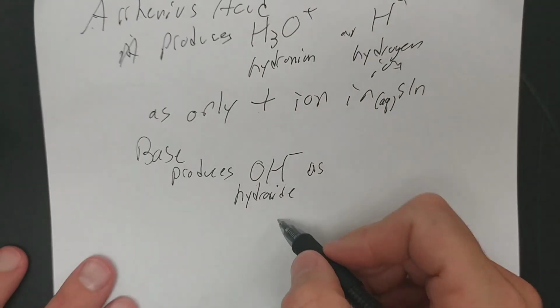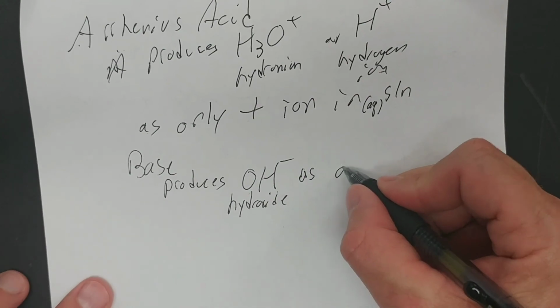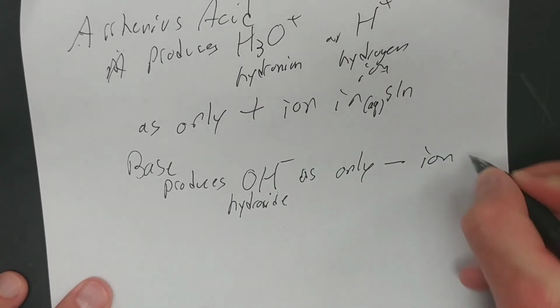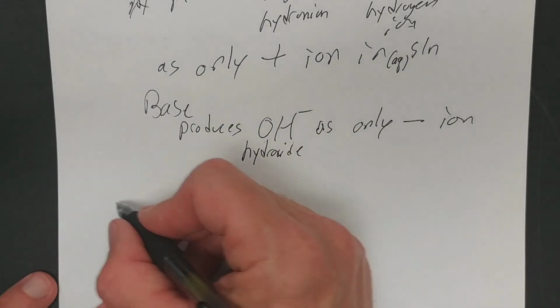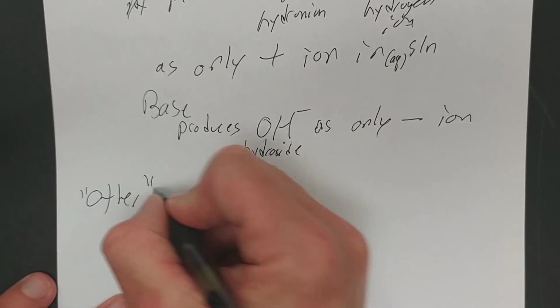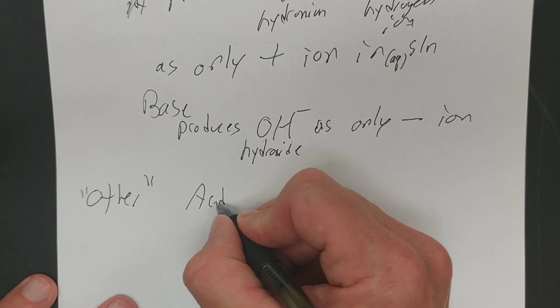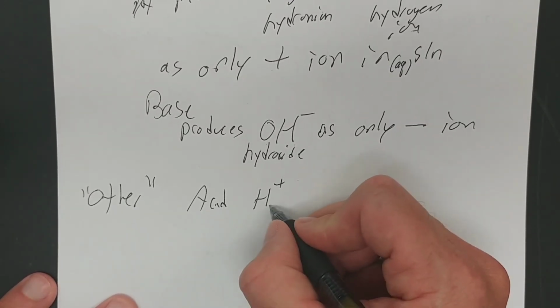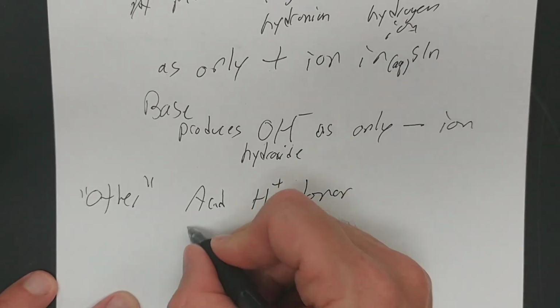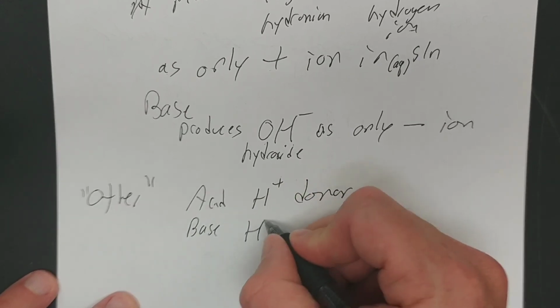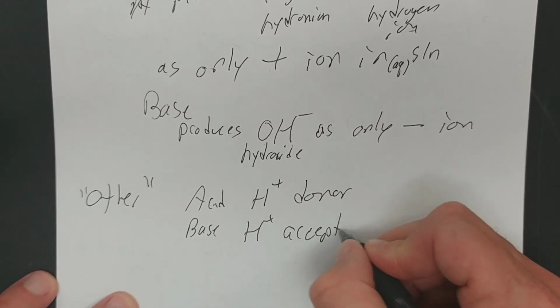So base produces hydroxide ions as the only negative ion in solution. The other theory, Bronsted-Lowry: acid is a proton donor. A base is a proton acceptor.